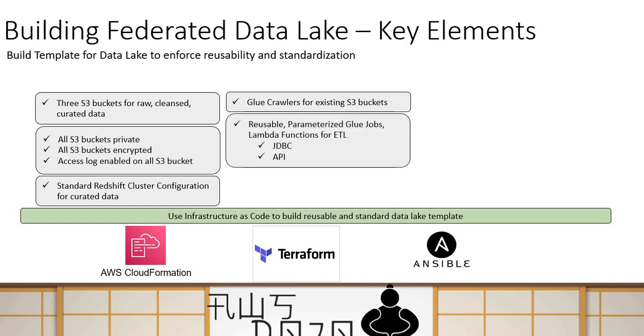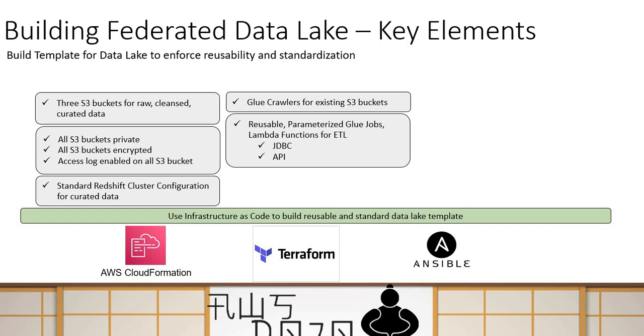Now I can have certain reusable parameterized Glue jobs or Lambda functions for ETL purposes, which might be, for instance, you are trying to read data from a database and store into an S3 location. You might create a parameterized Glue job where the database name, table names, S3 location, connection information can be passed as parameters, and it can simply do the ETL for you.